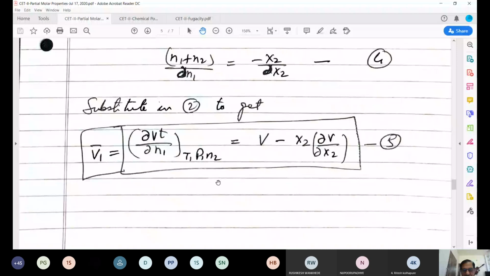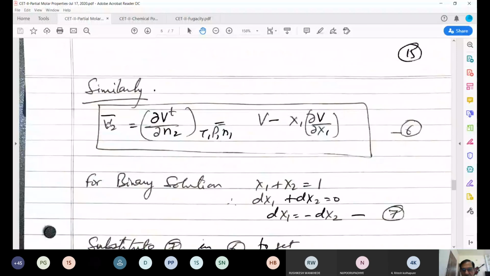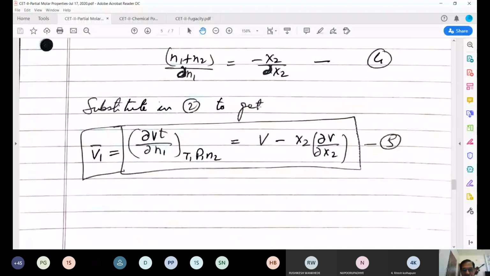We get a similar equation, and what we'll get is V2 bar is equal to V minus x1 ∂V/∂x1, instead of x2. So we have to replace x2 by x1 to get the equation for V2 bar. Just similar. The equation for V1 bar is V minus x2 ∂V/∂x2, so V2 bar will be V minus x1 ∂V/∂x1.